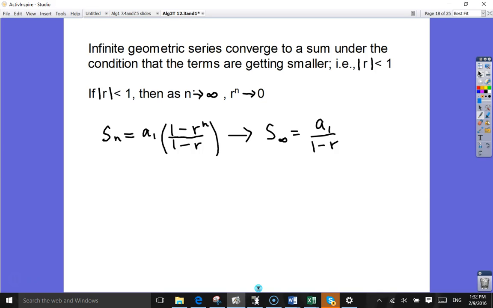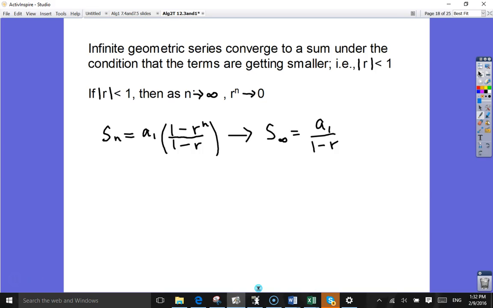It could be that your terms are changing sign. But as long as the absolute value is something like negative 1/2, positive 1/2, negative 3/4, positive 3/4, that's all good. Negative 2 is not okay. Negative 2 is less than 1, but the absolute value is not less than 1. So it's got to be something in between negative 1 and 1.